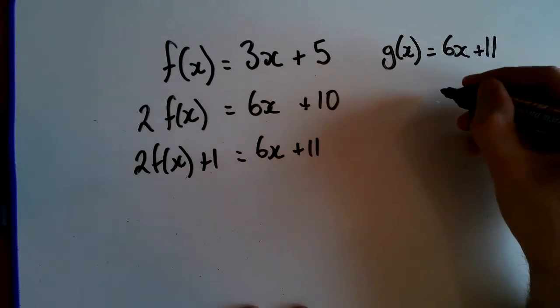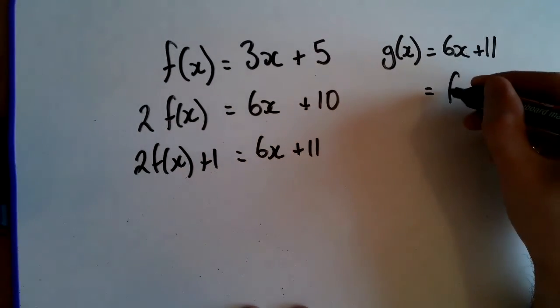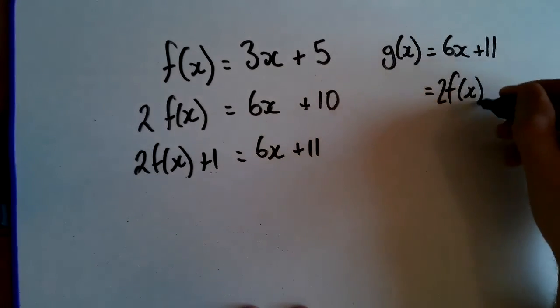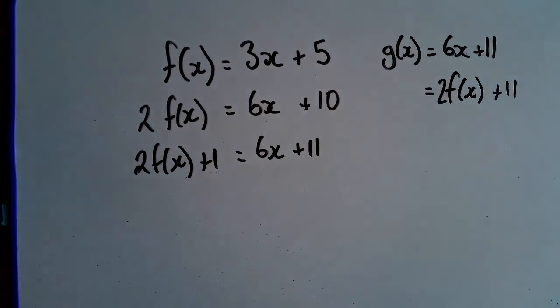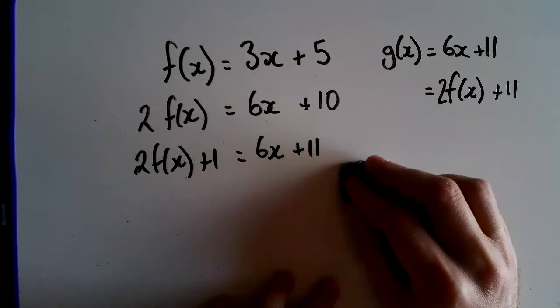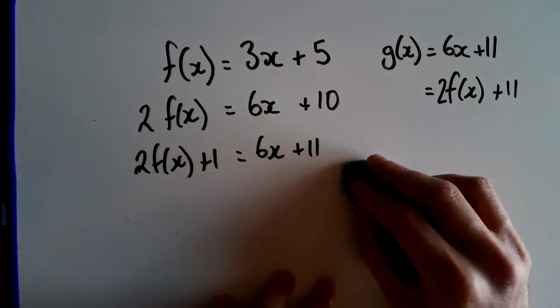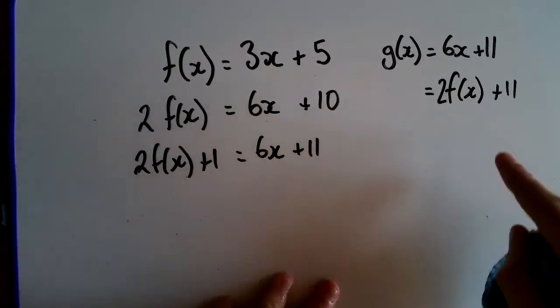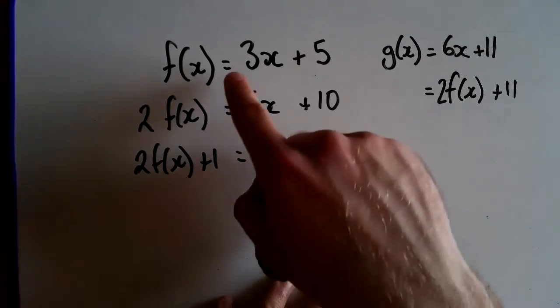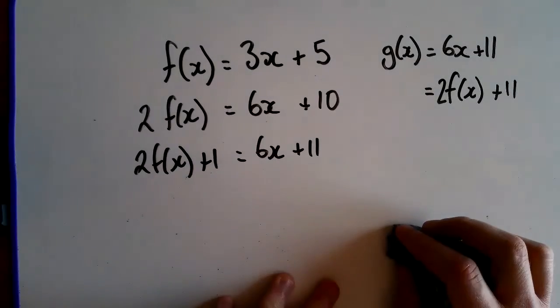So this could be 2 f of x add 1. Good. Actually, I think I'm going to leave it there because I think that's probably the easiest way to think about this, is just to think of it as times that by 2 and then add 1.